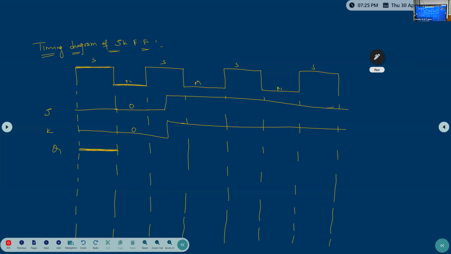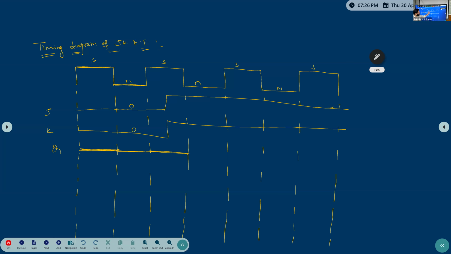Both are 0, memory case. Yes or no? 0 0 case is memory, means whatever the previous value is, the same value it will maintain up to here. Yes or no? It is the memory state. So next, when it comes to the positive, it will go to off mode. Off mode means latching, holding state, means the same thing will continue to the next pulse.